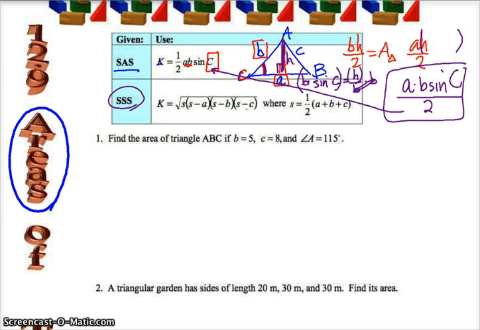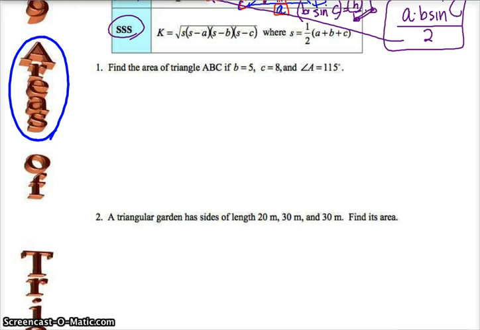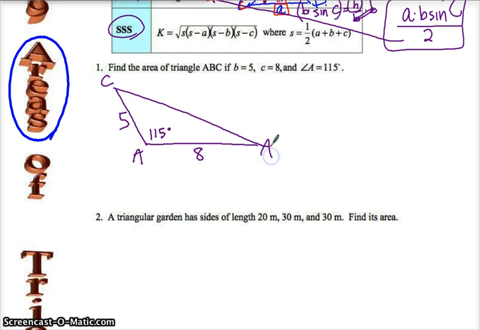So let's try it. Number 1, find the area of the triangle ABC if B is 5, C is 8, and A is 115 degrees. So here's my letter A, that's 115 degrees. B is 5, C is 8. So it's side angle side.